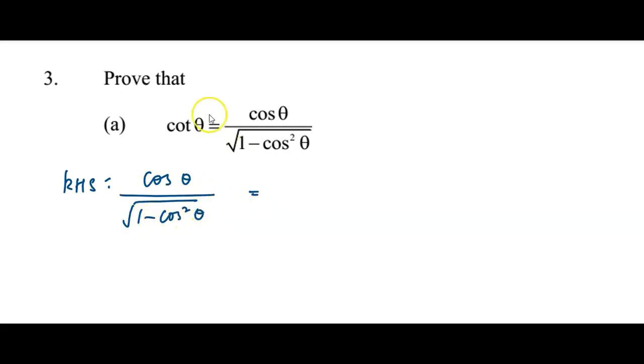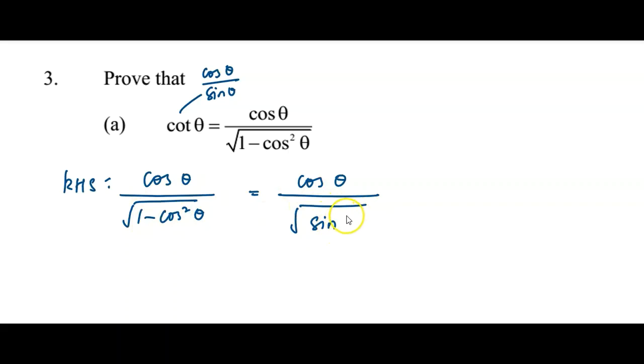And what you can see at the left hand side is only cotangent, and cotangent can always be written as cos over sine. So it gives me the idea that the square root of 1 minus cos square theta might be converted into sine theta. So here I have cos theta over the square root of 1 minus cos square theta.